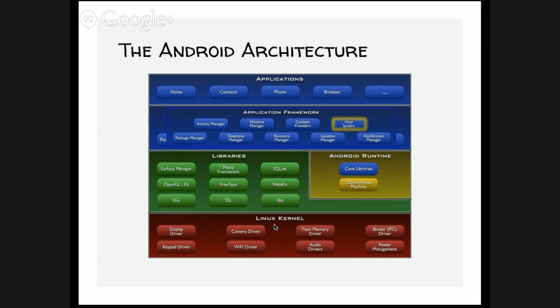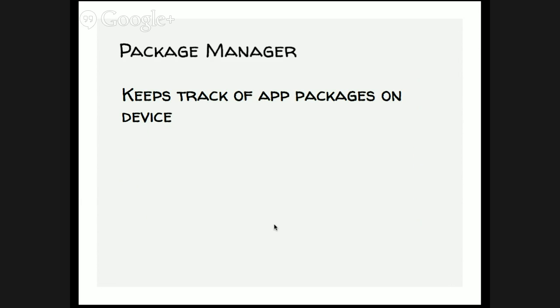And then the application framework. It keeps track of things. One example was the package manager. You install so many applications. Who is looking at which applications you have? If you want to uninstall one, who do you contact to get it uninstalled?